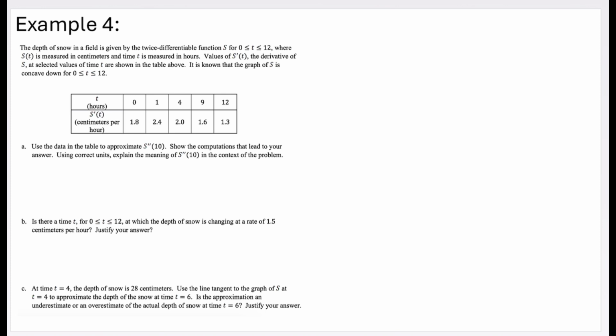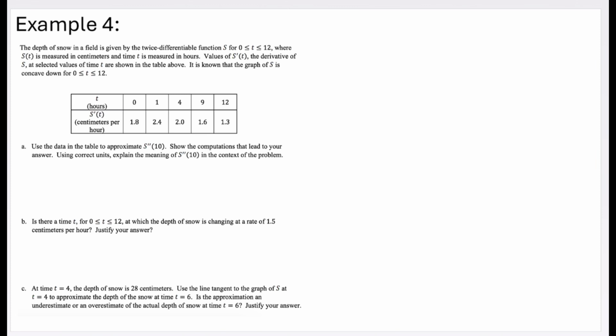It is known that the graph of S is concave down for 0 less than or equal to t less than or equal to 12. So if S is concave down, we'll be able to tell something about the local linearity at the end.